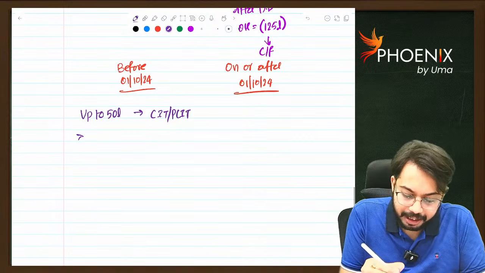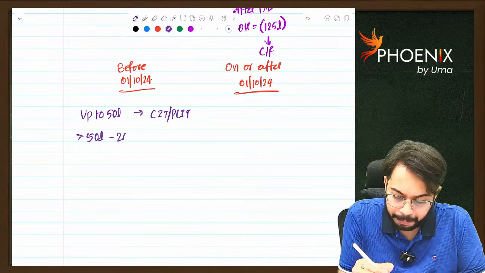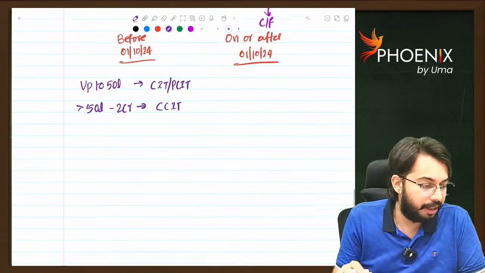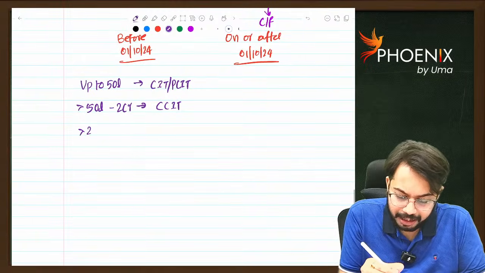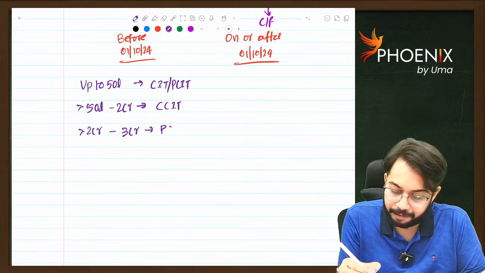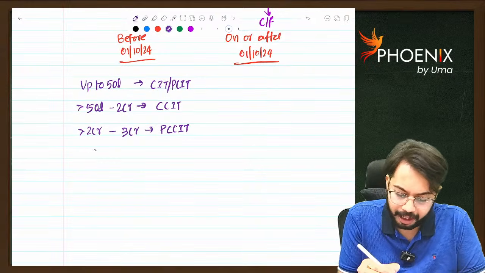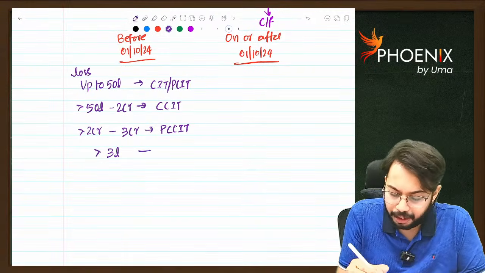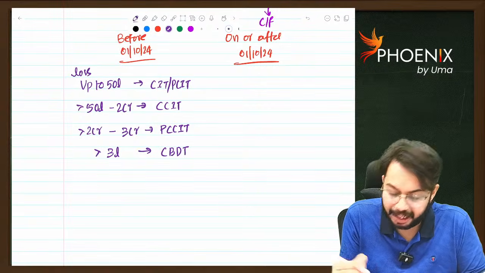If your loss is more than 50 lakhs and up to 2 crore, you need to make application to Chief Commissioner of Income Tax. If your loss is more than 2 crores and up to 3 crores, you need to make application to Principal Chief Commissioner of Income Tax. If your loss is more than 3 crore rupees, then you need to make application to CBDT.